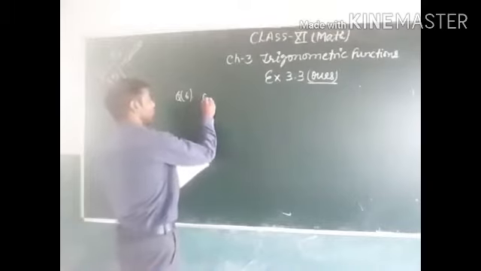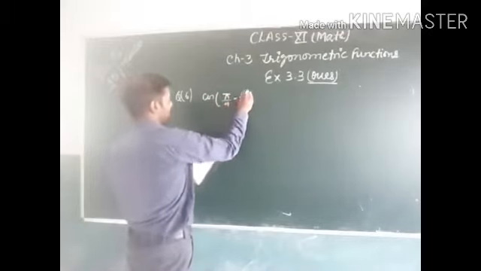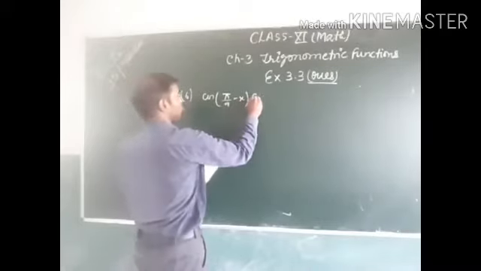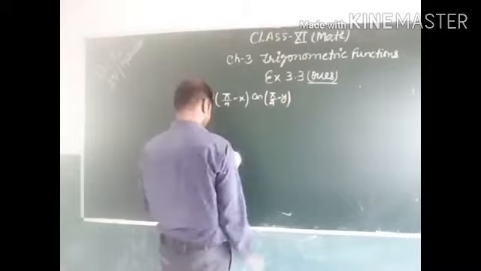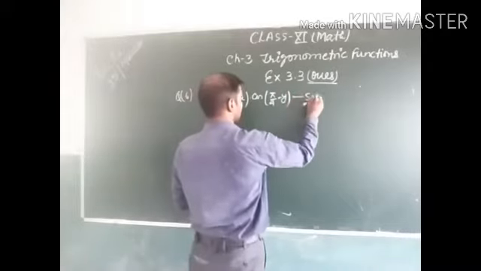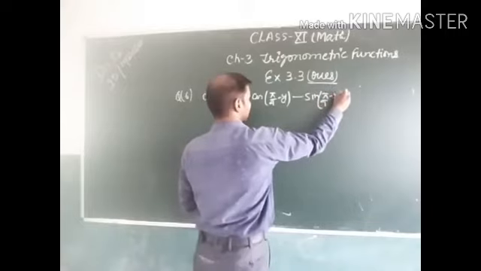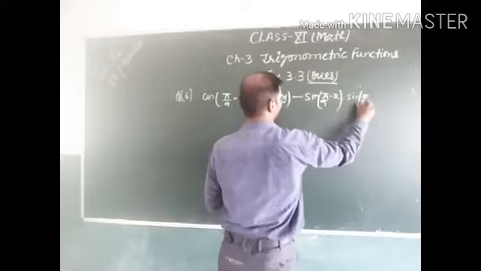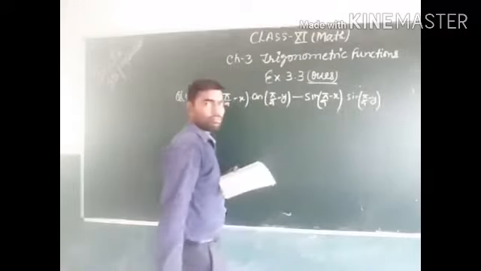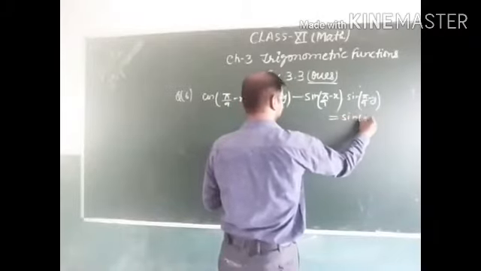The question is given: cos (pi by 4 minus x) into cos (pi by 4 minus y) minus sin (pi by 4 minus x) into sin (pi by 4 minus y) is equal to sin (x plus y).